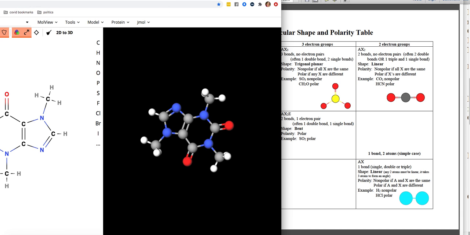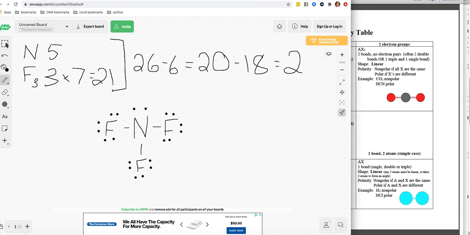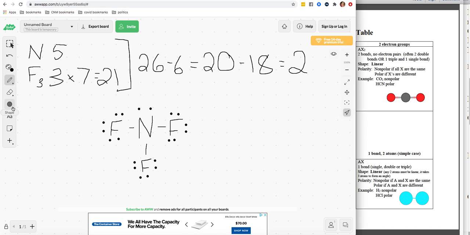Here, let's color red. That is not what I meant to do. Undo. I just want to draw a red circle around these.